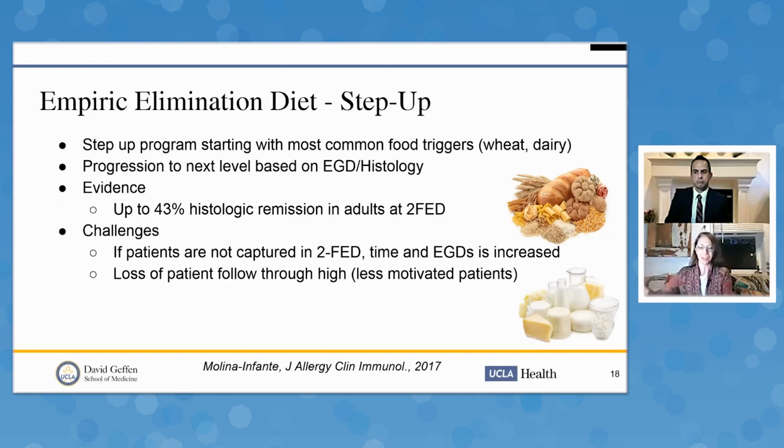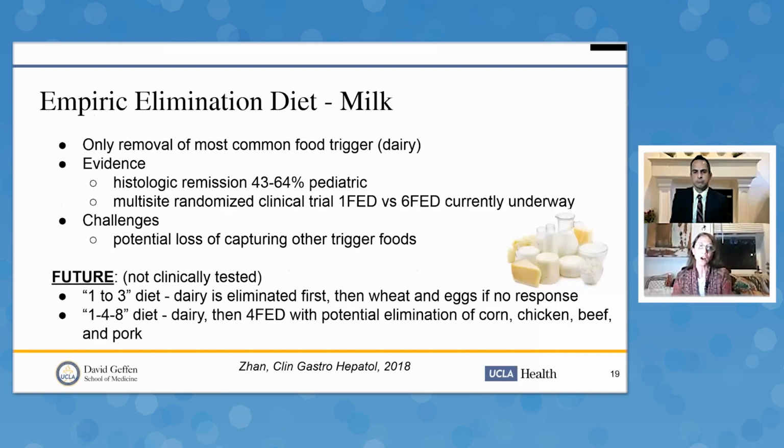I'm sorry, they're not in remission, they have to go into 4-food and 6-food, we're more likely to lose them and they're less likely to follow through. So we really have to be thinking about what is the best approach based on the patient that's sitting in front of us. There are other diet options that are in the works.